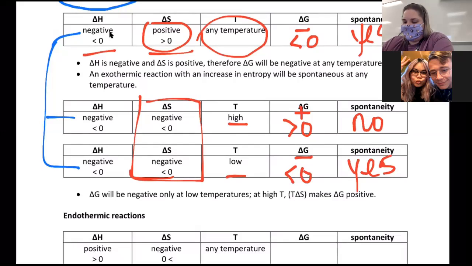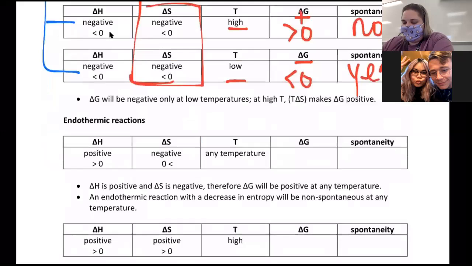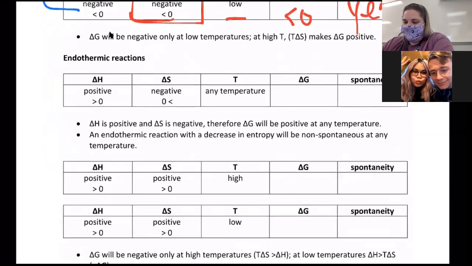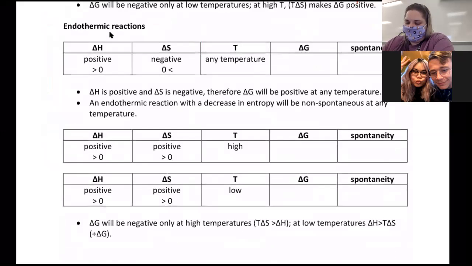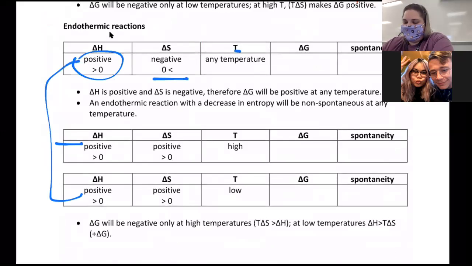The other section down here has endothermic. On all of these, my delta H values are positive. The first situation is positive delta H and negative delta S. Again, that means any temperature; the temperature doesn't matter in this situation. If that happens, then delta G will be positive, meaning greater than 0, so this is not spontaneous.